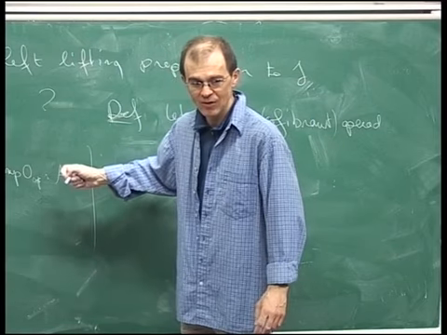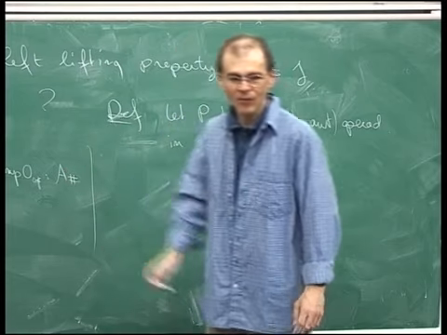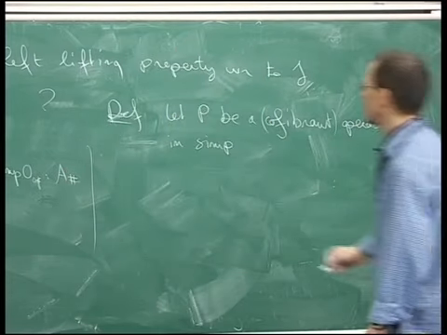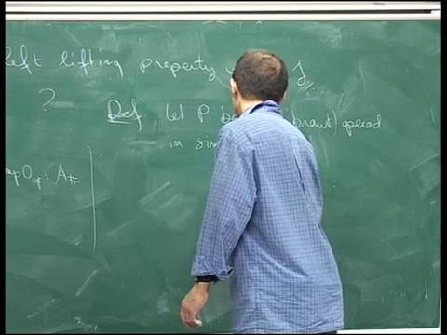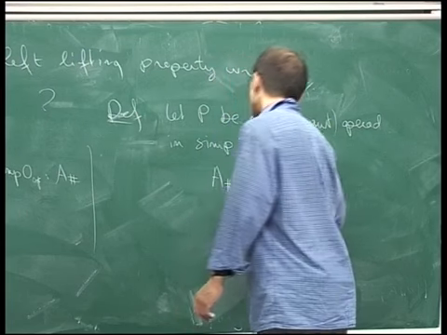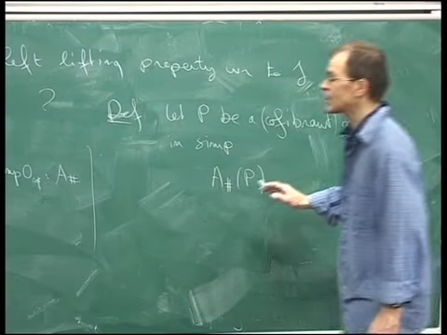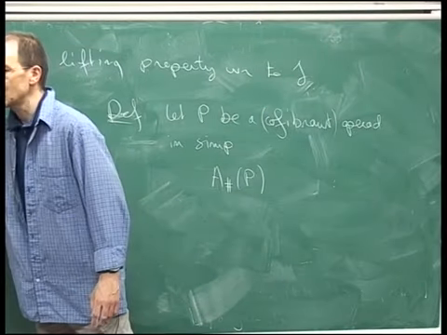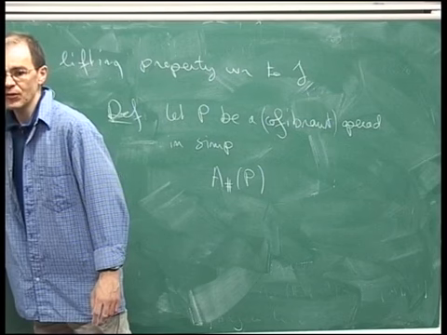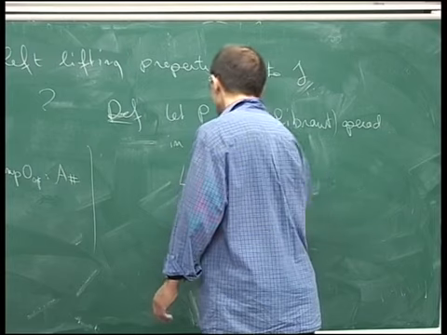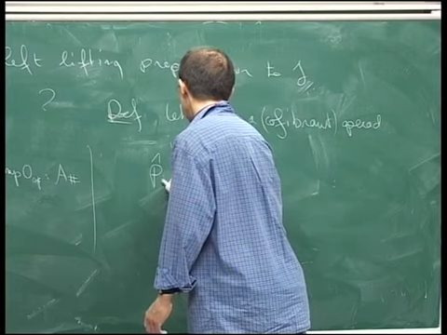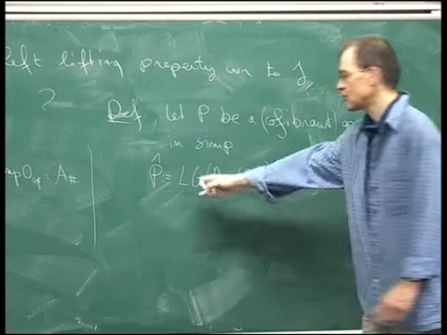If an operad is not covariant, then I have to perform a covariant resolution. So I take A sharp of P, and then I go back to topological spaces by using the adjoint of this functor. I define P hat by this composite construction.